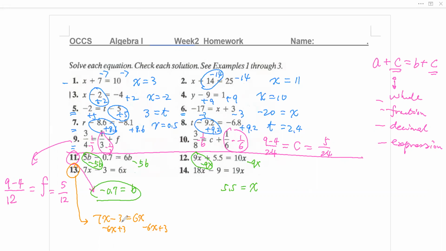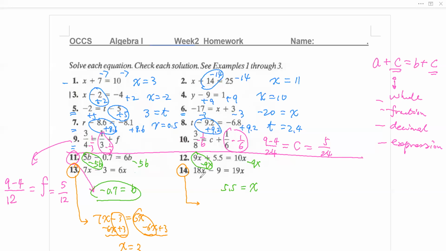The left here became 0, right? 7x minus 6x, left is x. The right part here became 0, 3. So x equals 3. So you can see the expression can be a longer expression. The objective is to try to make the variable on one side, right? On one side.